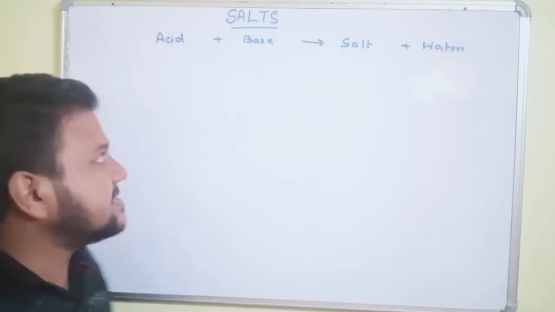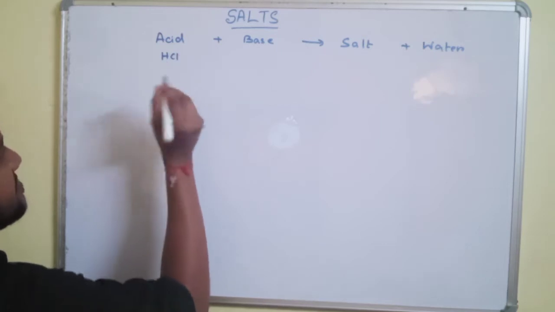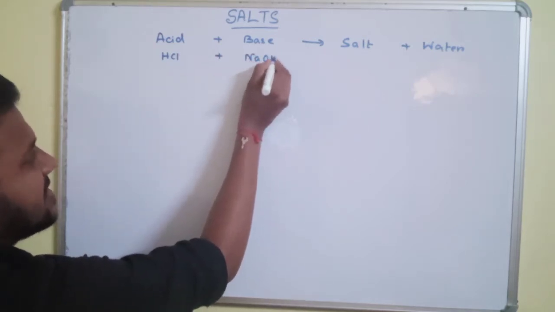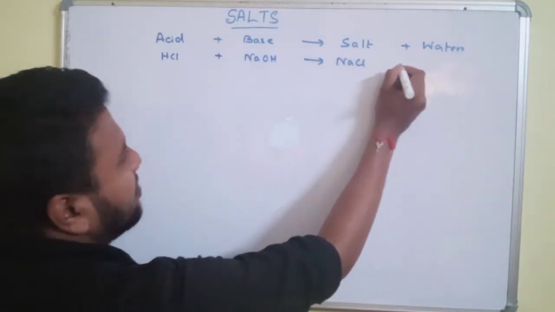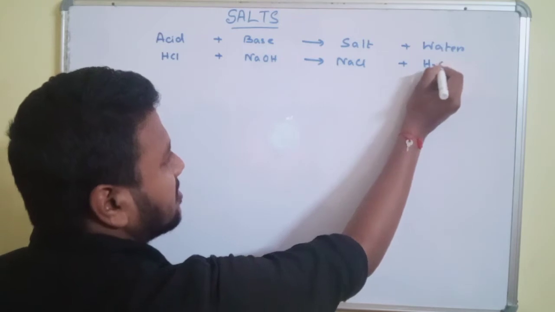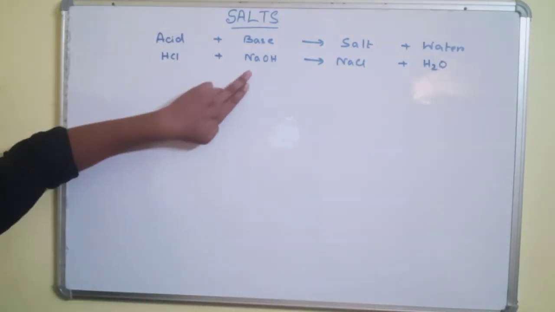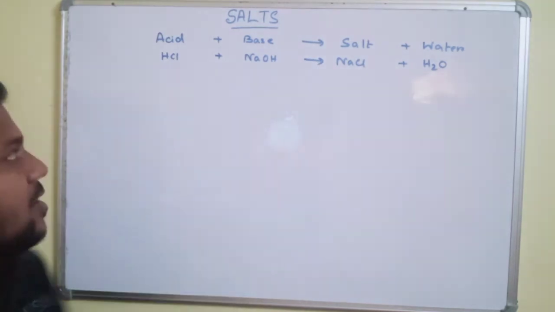Now let us see some of the acids and also the reactions, how the formation of salt is taking place. Let us take first of all an acid which is HCl. HCl when reacts with NaOH, a base, it leads to the formation of NaCl plus H2O. Clear? When an acid HCl reacts with a base NaOH, it gives NaCl and H2O.